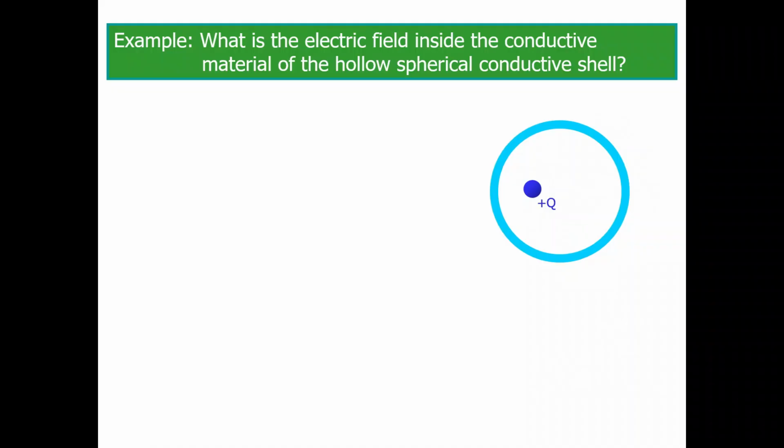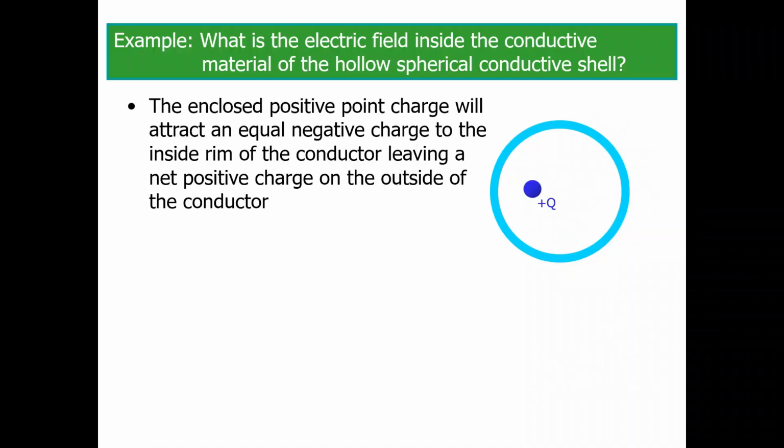Okay, well, what happens now if I stick a positive charge in that hollow part? The blue ring still is our metal spherical conductor. Now I've got a positive charge in there. So what happens is this positive charge is going to attract an equal negative charge, because my neutral conductor still has positive and negative charges in it.